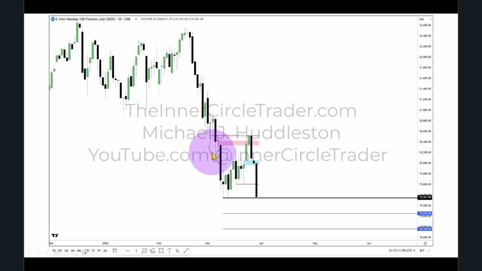While that's not the case here, it's simply a consequent encroachment, the mid tail or shadow of this longest-legged candlestick formation here, below the opening price.